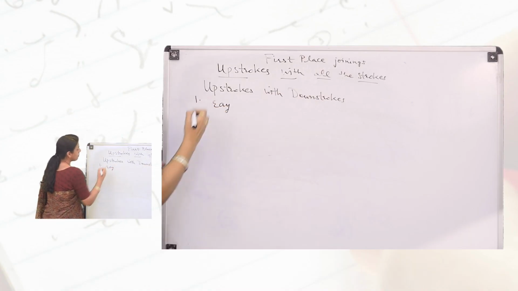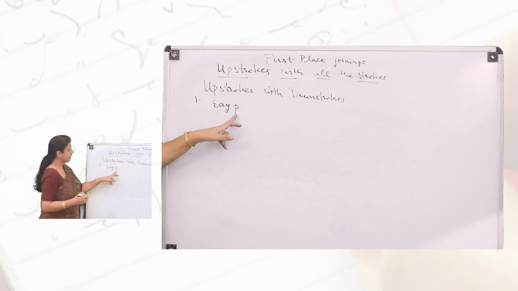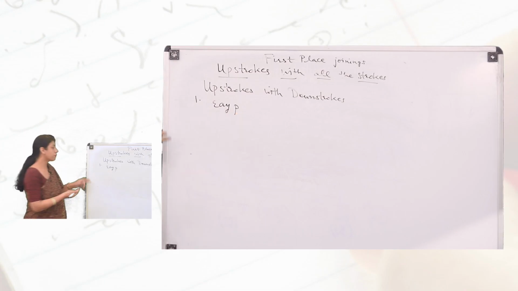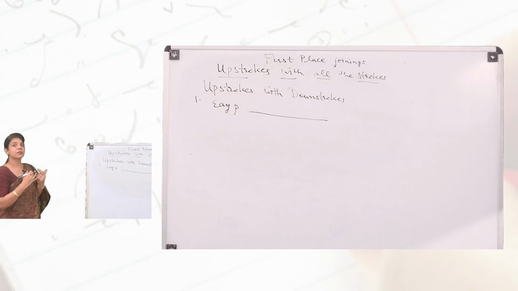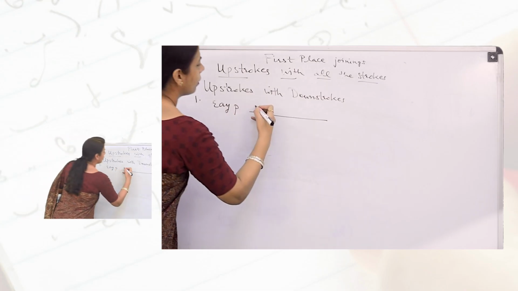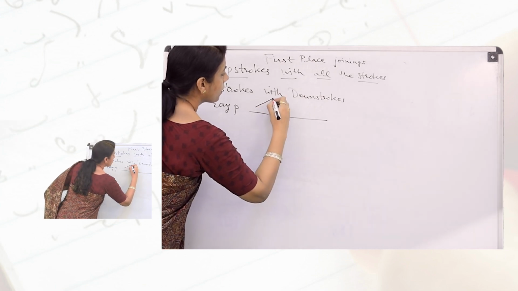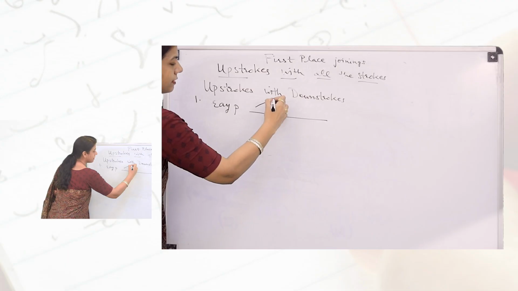Now first example, Ray is an upstroke, P is a downstroke. Now if we have to join this at the first place, what is the rule? Rule says the first consonant is above the line. So Ray is an upstroke, so it has to be from bottom to top only, and wherever the first ends, second begins.